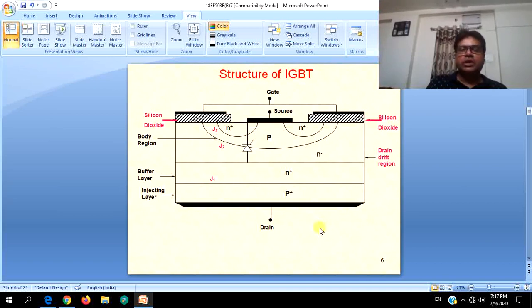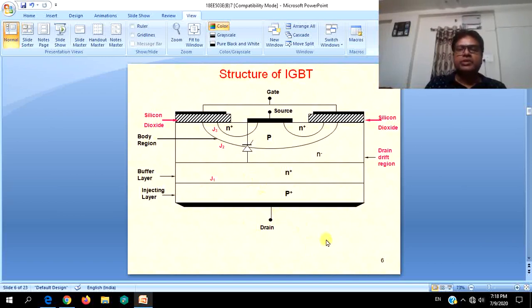And when we use P channel MOSFET and combine it with NPN BJT, then it becomes P channel IGBT. In the case of IGBTs also, the most used one is N channel IGBT. In that also there is a certain difference in the construction in the case of the inner N layer. Because of that, again there will be two types, punch through type of IGBT and non-punch through type of IGBT. We will be discussing that in the following slides.